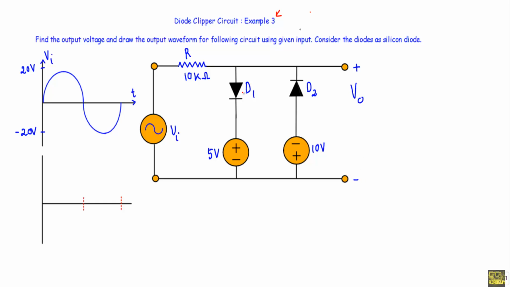Okay, now if you look at this Clipper circuit, you will see this Clipper circuit is the dual or combination Clipper circuit. Here the diode D1 and plus 5 volt source will form biased positive Clipper.